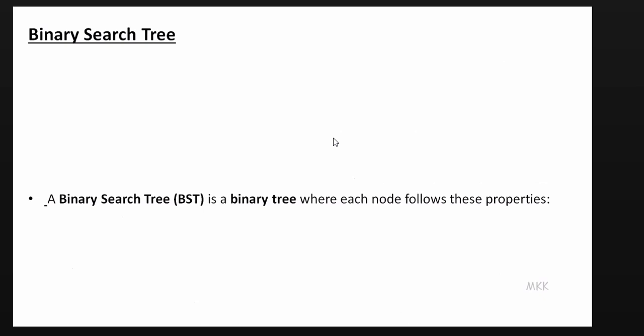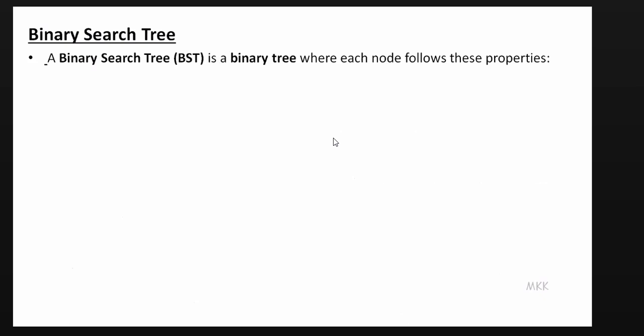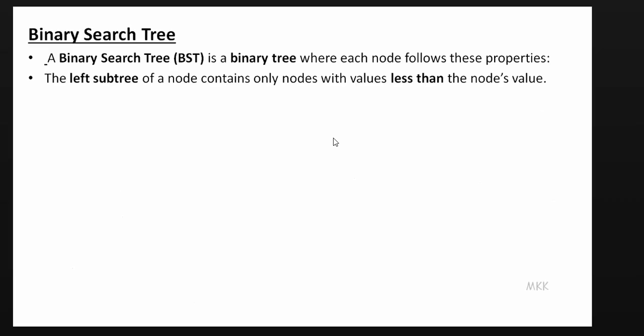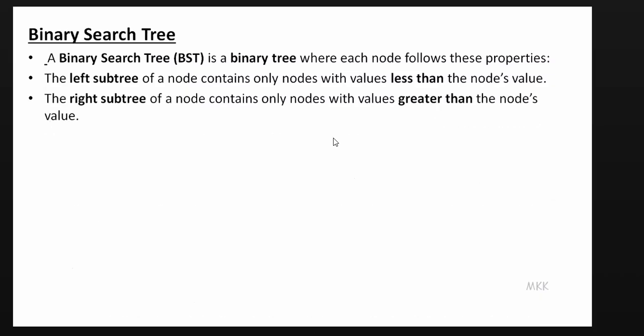Coming to the binary search tree, it is a binary tree where each node follows these properties. The left subtree of a node contains only nodes with values less than the node's value. The right subtree of a node contains only nodes with values greater than the node's value. That means a binary search tree will always contain nodes with lesser values on the left side and greater values on the right side of the root. The left and right subtrees must also be BSTs.